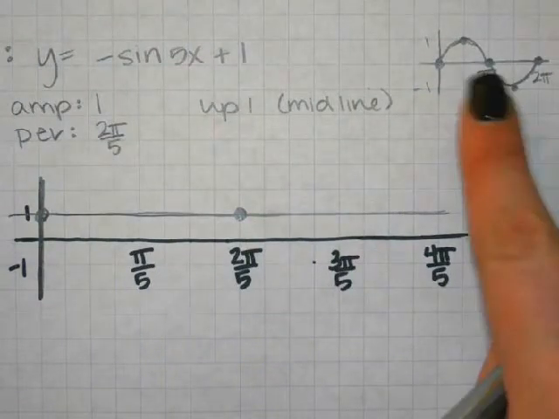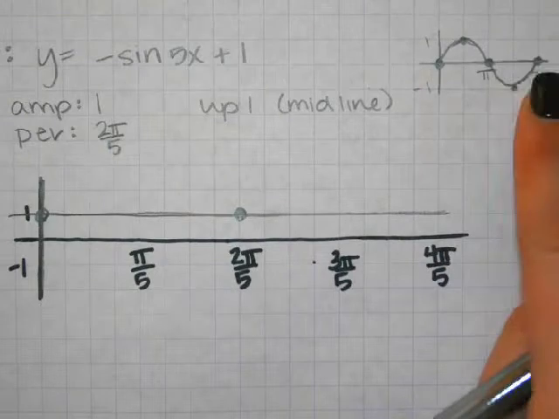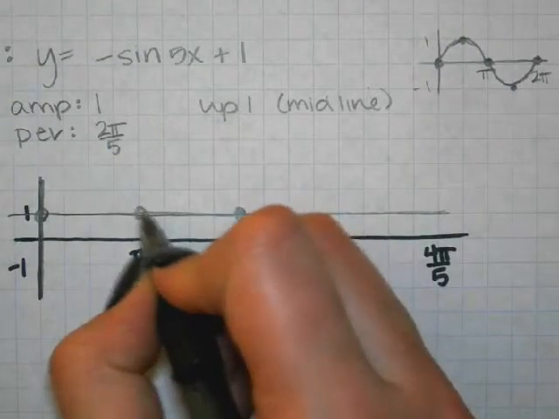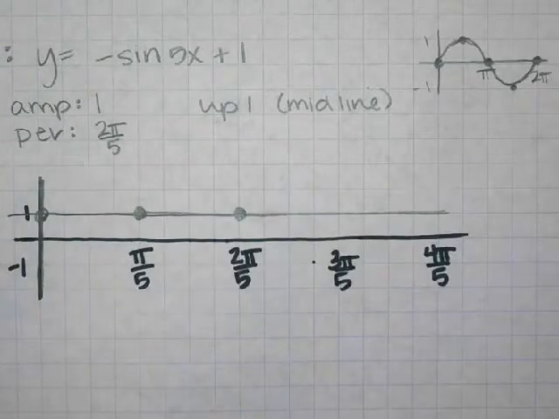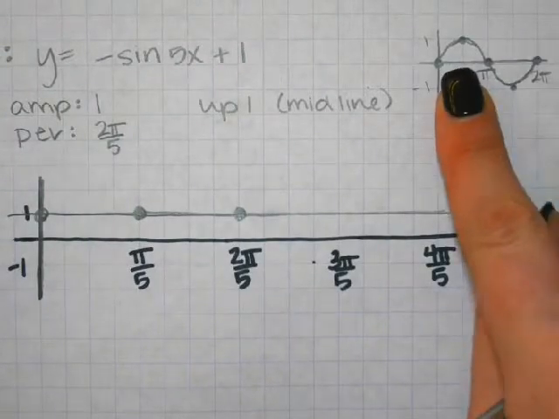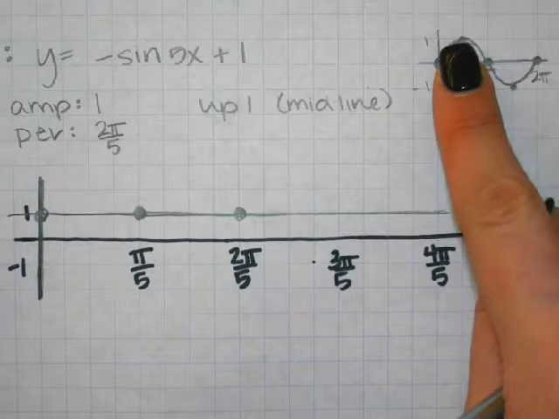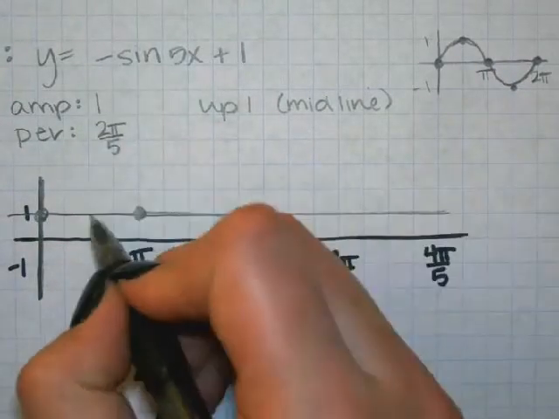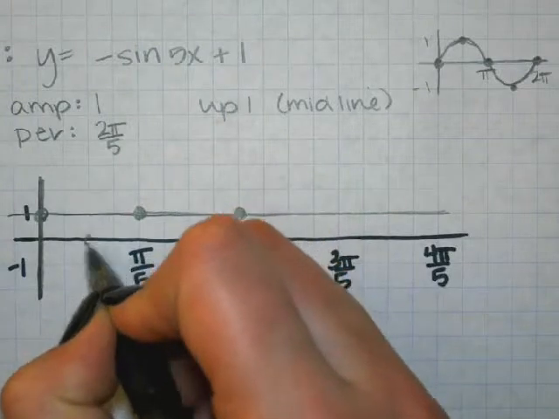And then just like a normal sine graph, I start at 0, I end at 0, I hit 0 in the middle. So I'm going to touch 0 in the middle. And then normally between the first 2 points we'd go up to 1, but ours is reflected. And so between the first 2 points I'm going to go down 1.